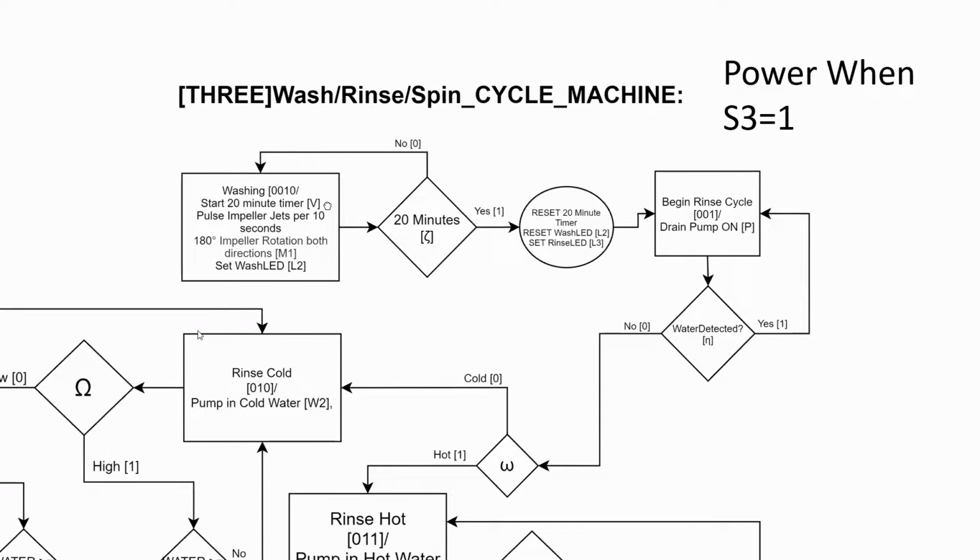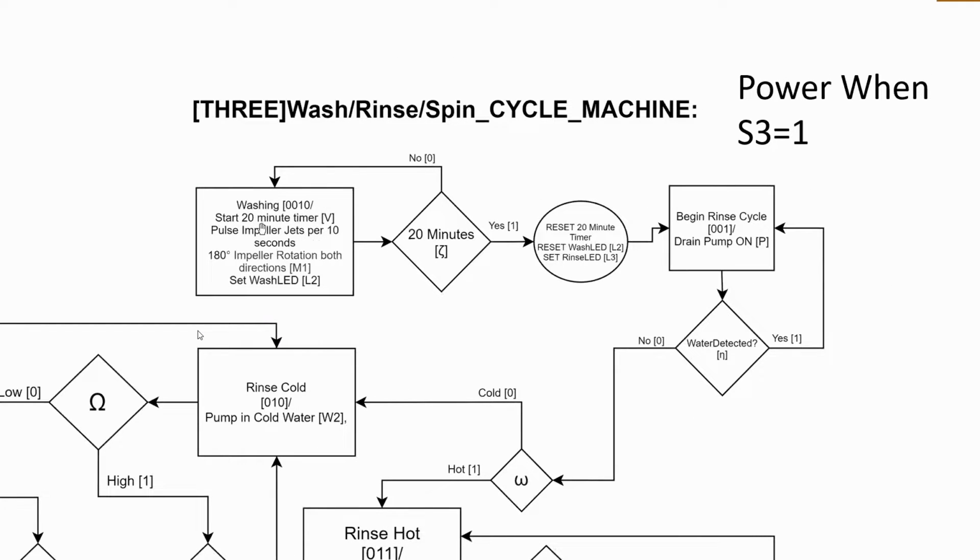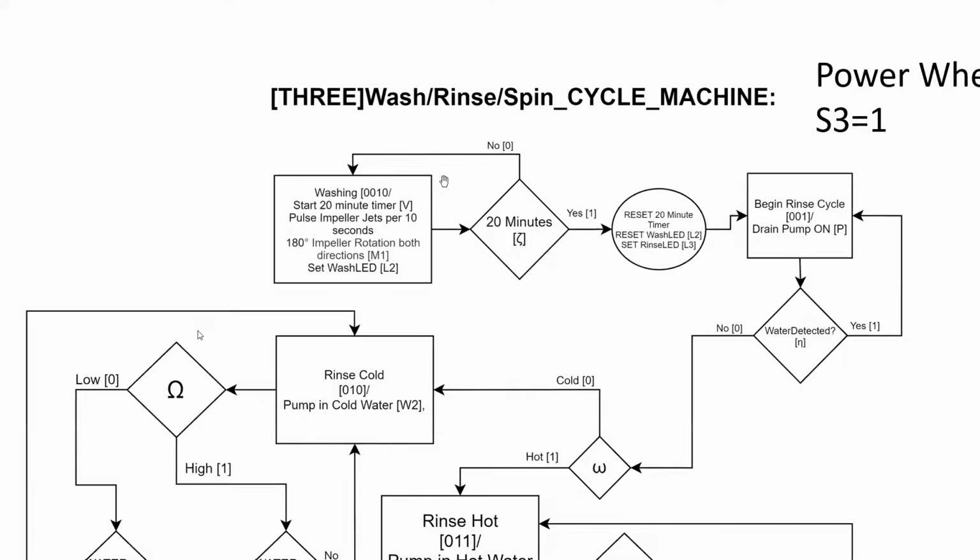So now we're here. We begin automatic. If this is on, that means that everything prior to it has already been accomplished. We're already washing, so we're good to go. So it's going to turn on power to a timer. And that timer will be counting off until 20 minutes is hit.